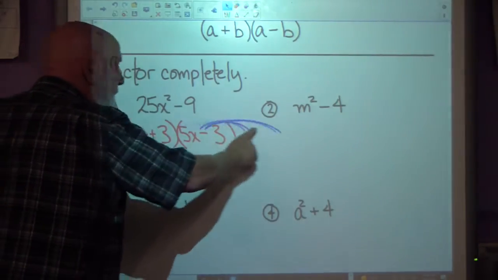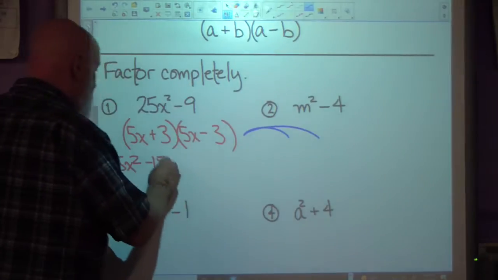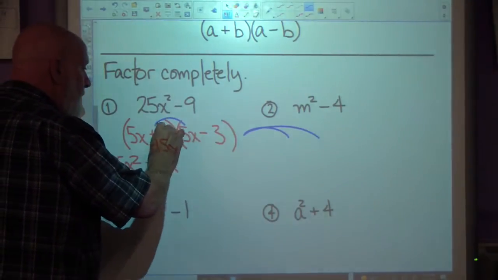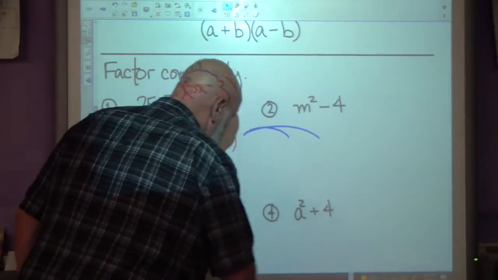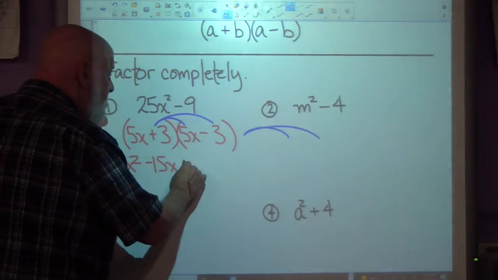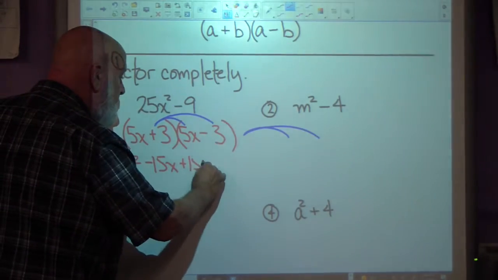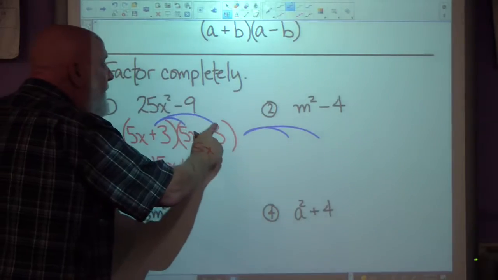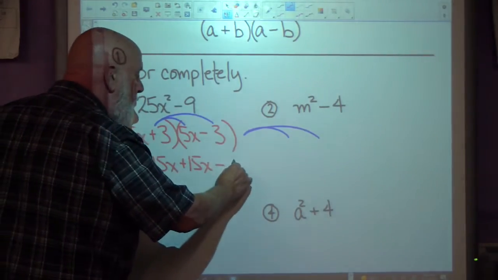Then I'm going to take this positive 3 and distribute it. This gives me positive 15x. And 3 times negative 3 is negative 9.